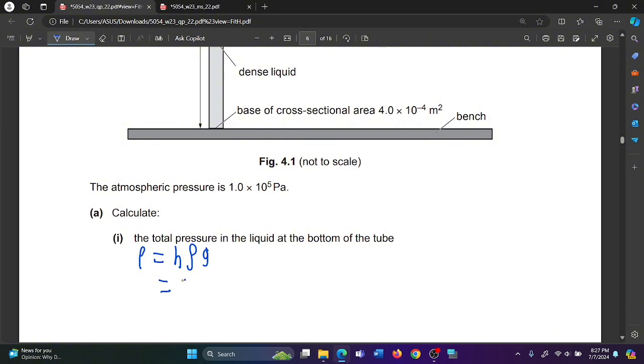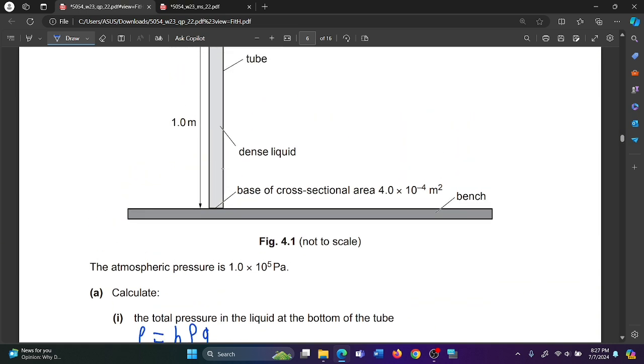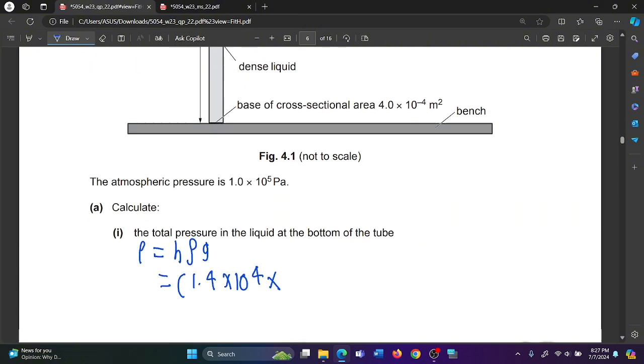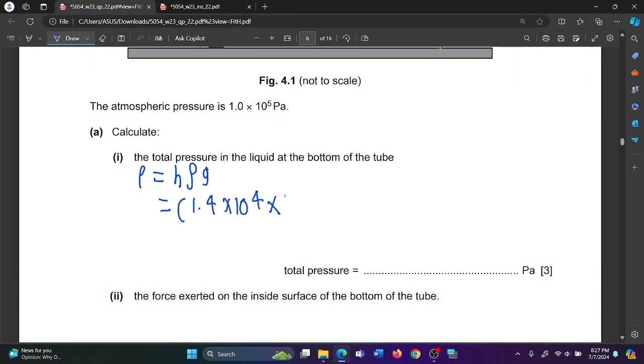Let's put the values. 1.4 × 10^4 multiplied by height. The height of the liquid is 1 meter, as the height of the tube is 1 meter and the entire tube is filled with the liquid. Thus, the height of the liquid is 1 meter, multiplied by g.